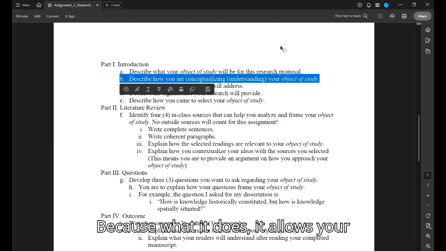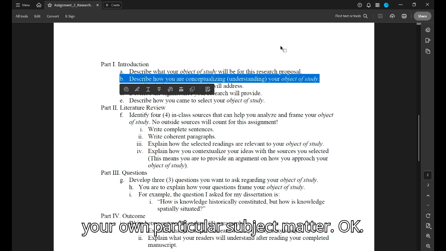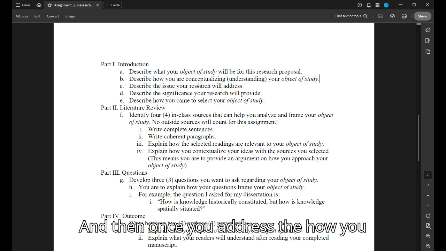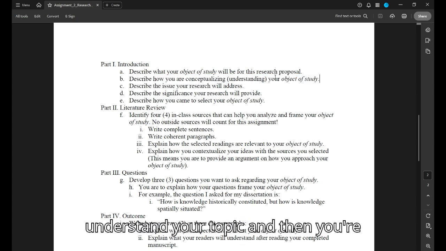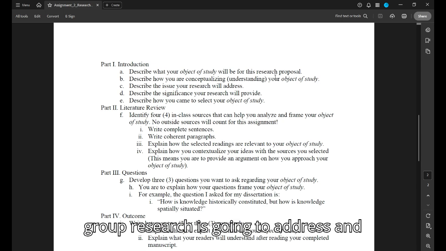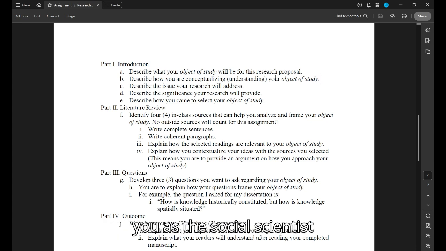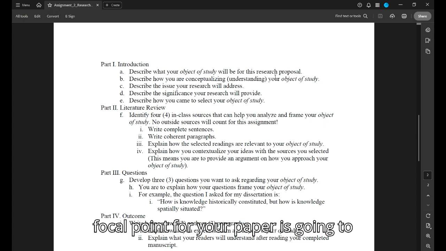What it does is allow your reader to understand how you are thinking about and how you understand your own particular subject matter. And then once you address how you understand your topic, you're going to describe the issue that your research is going to address and why, because it's important for you as the social scientist to identify and account for what your issue is going to be, or what the focal point for your paper is going to be.